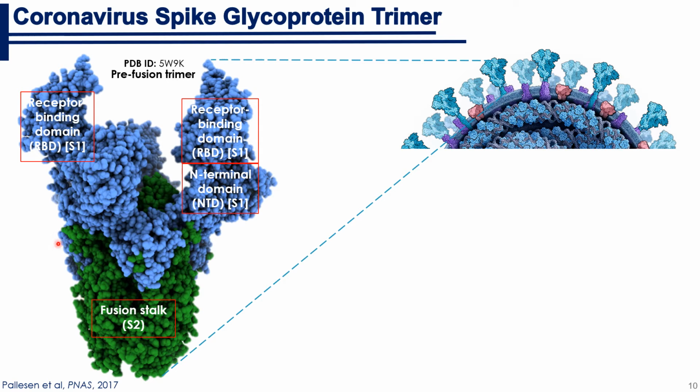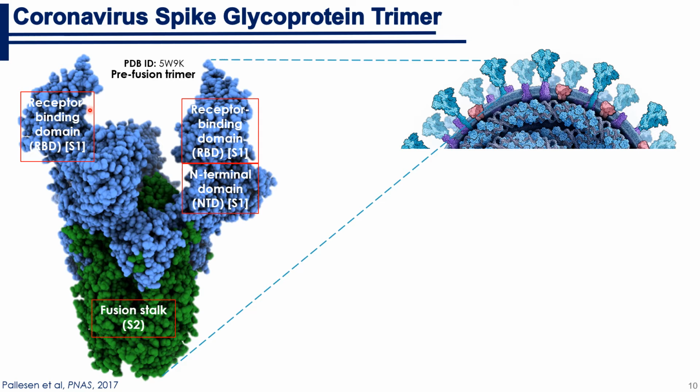What differentiates the S1 domain from the S2 domain is a cleavage site between these two domains, and that cleavage is mostly governed by furin proteases. The receptor binding domain will first interact with the receptor, and after the S1/S2 cleavage, it remains non-covalently attached to the S2 subdomain.